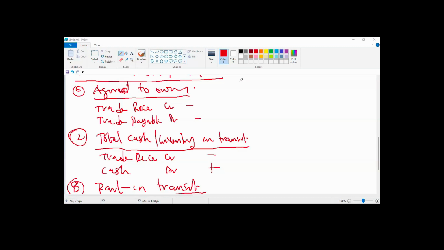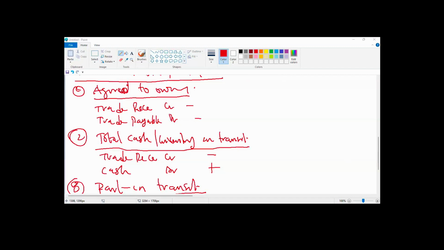Included in Super Group Limited is trade payable of 860 due to Super Cup Limited. Because there is a cash in transit of 140, you will not pay the money again because you transferred.